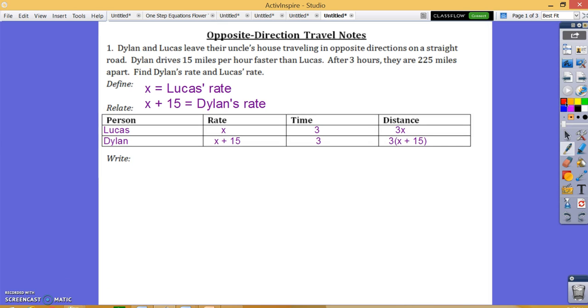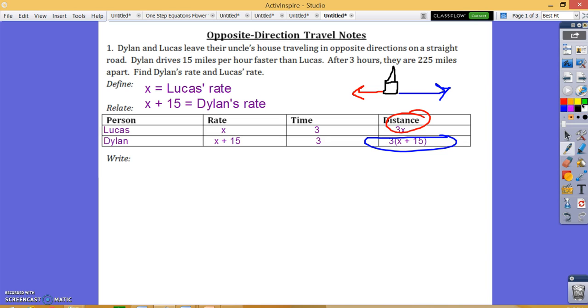Lucas's distance, 3x, plus Dylan's distance, and let's actually draw another quick sketch. So here we are at the uncle's house. Lucas goes this way for 3 hours. Dylan goes a little farther because he went faster for 3 hours.